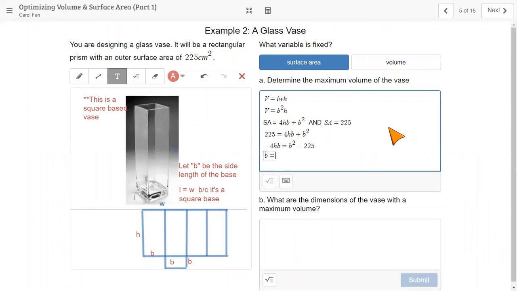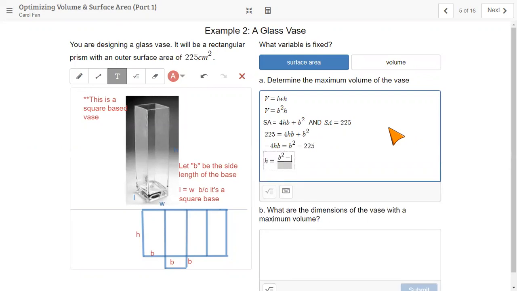I'm going to divide both sides by negative 4b. Okay, and then we can substitute this into the volume equation.